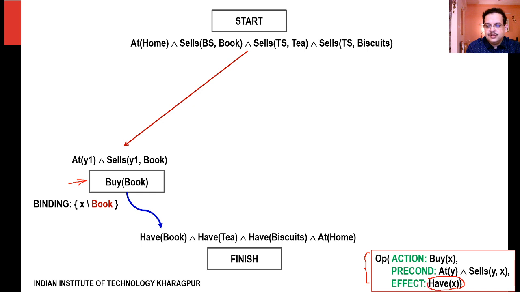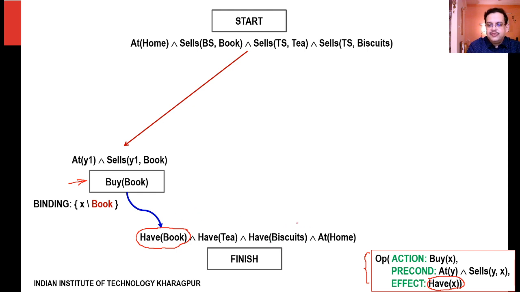Now because it has this consequent have x and my target sub goal was have book, remember that we had chosen have book to be fulfilled first. So I chose that action because it produces have of x as a consequent.